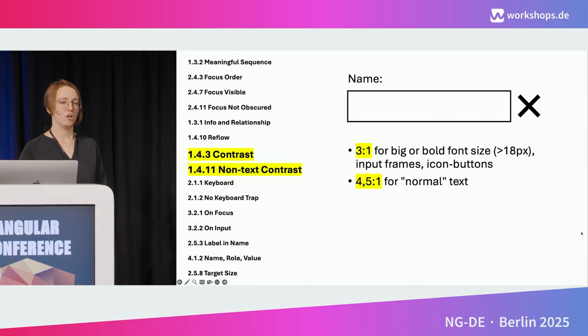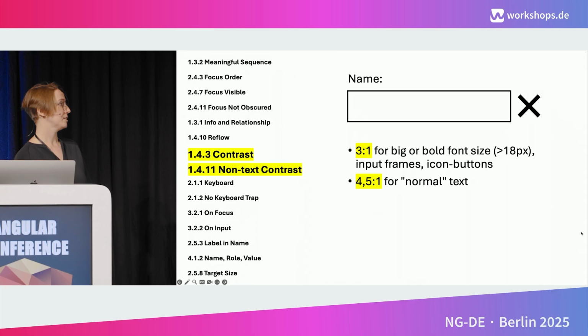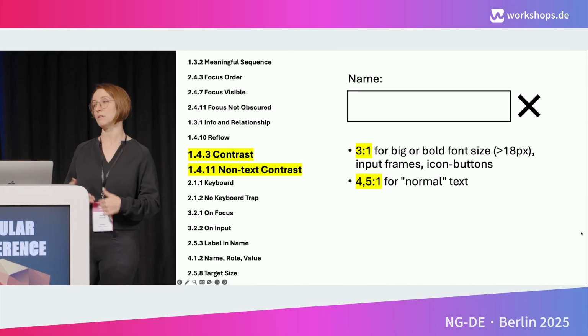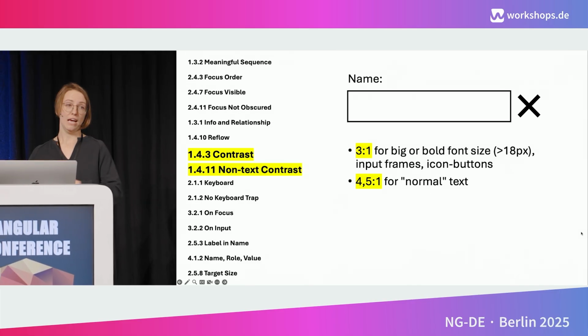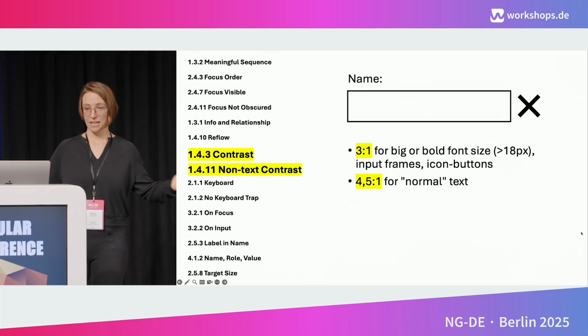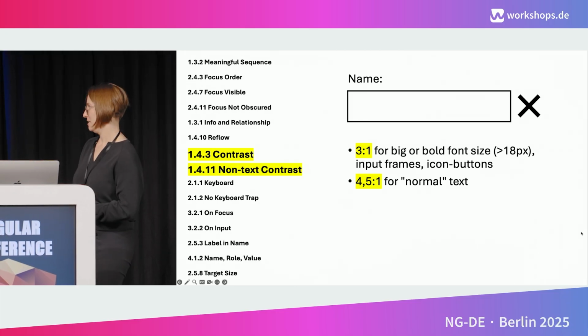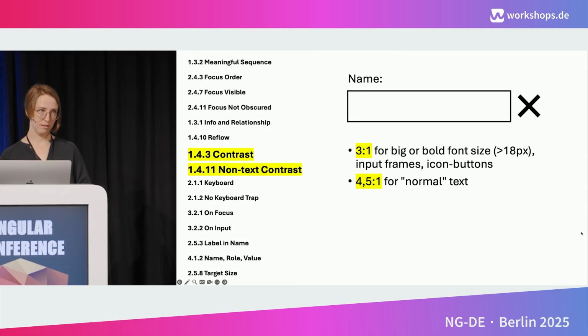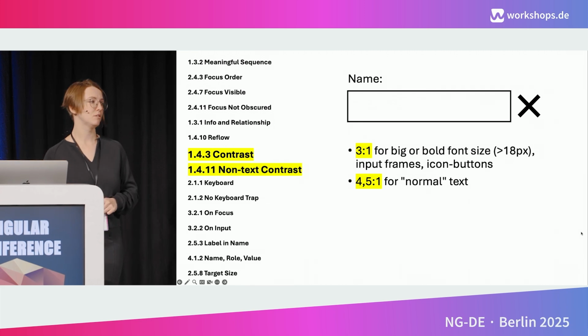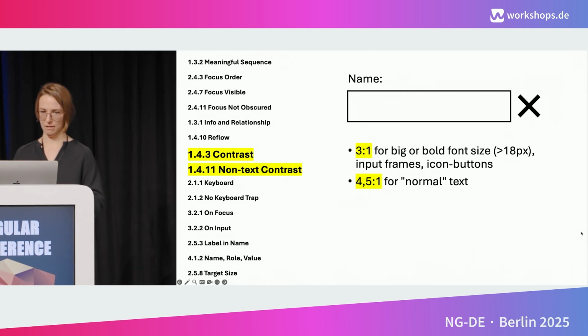Next one. Contrast, and it's actually a criterion which is not only required for your forms, but also for everything, all contents of a website. For the text, you might have already heard, it's 4.5 to 1. The number comes from a formula, but you can use tools. There are a lot of tools that will calculate that for you.